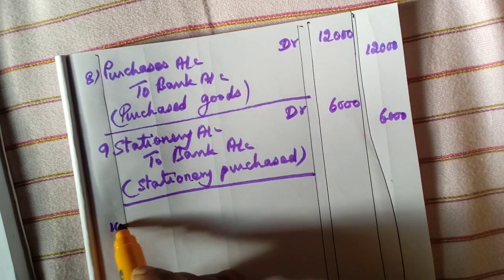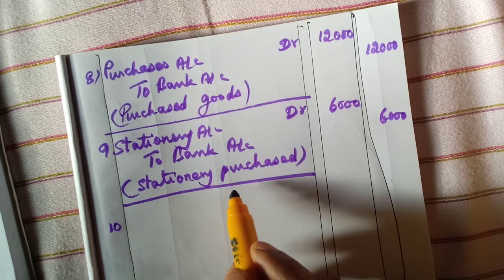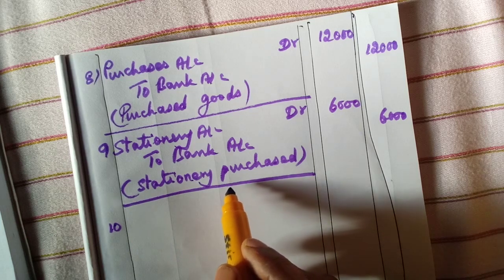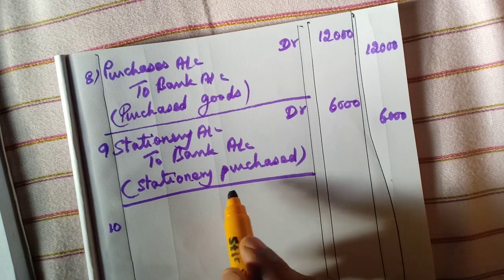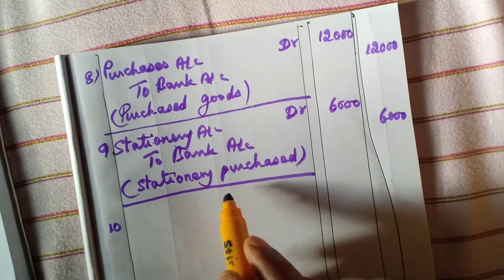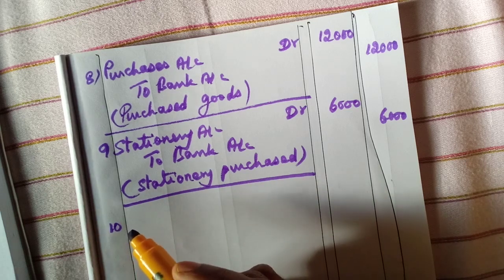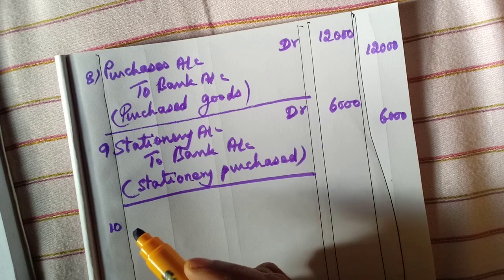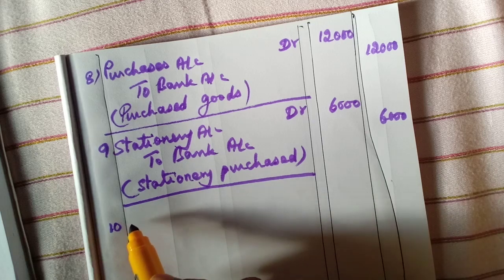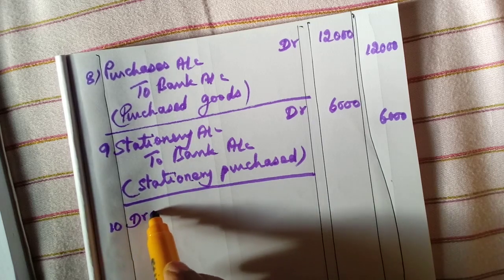Then the last one, income tax of dairy is paid by check. Here income tax of dairy is given. It is not the business tax. So his tax that is paid may include the income from his property, not from the business income. Understand? Maybe his personal income. So we have to consider this as drawings.